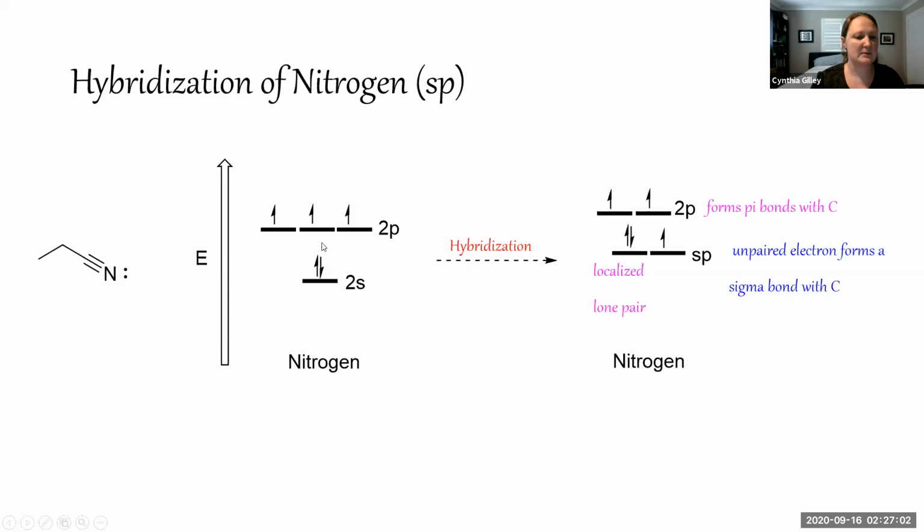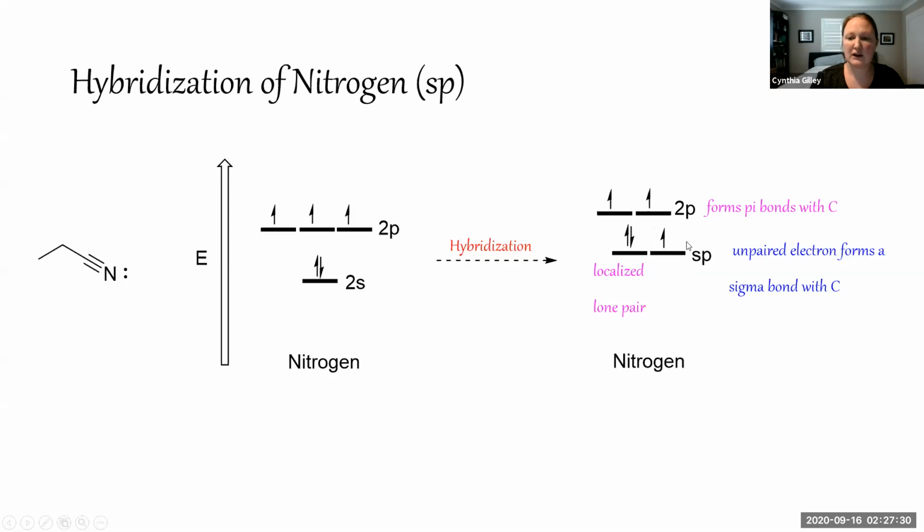So I hybridize my 2s and one of my 2p orbitals. That means that I have 2 unhybridized 2p orbitals remaining over here. And I had a total of 5 electrons, so I should have a total of 5 electrons over here, right? Remember, we talked about this lone pair is not allylic, so it's localized. So it belongs in a hybridized orbital, in this case an sp hybridized orbital.